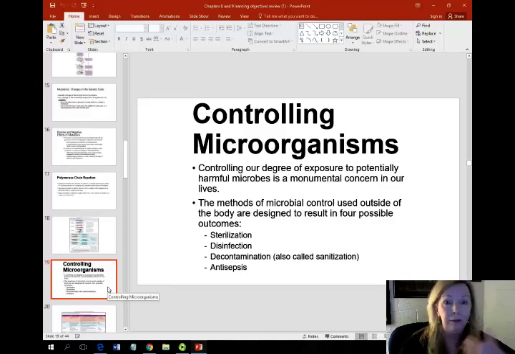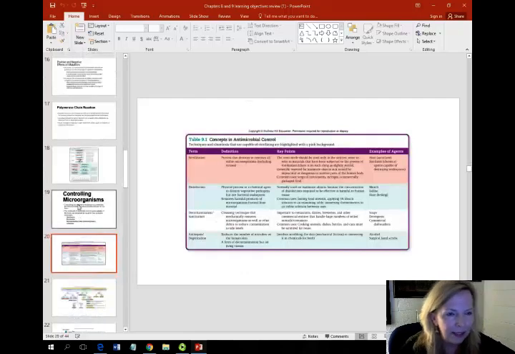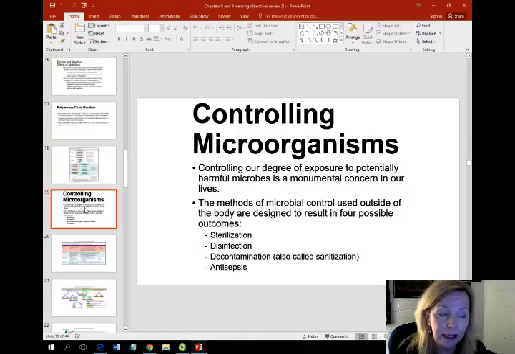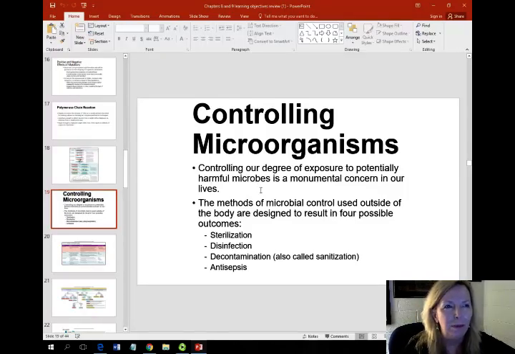Even though we say we're living in a microbial world and we have microbes on us and in us, there needs to be a balance, and sometimes a containment of these microbes, especially when we have patients who might be very susceptible to even low numbers of potential pathogens, because usually if somebody's in the hospital, there's something going on and their immune systems aren't as strong as people walking out on the streets. But anyway, let's look at some of these ideas. When you're controlling them, you have to be thinking about what makes the most sense.